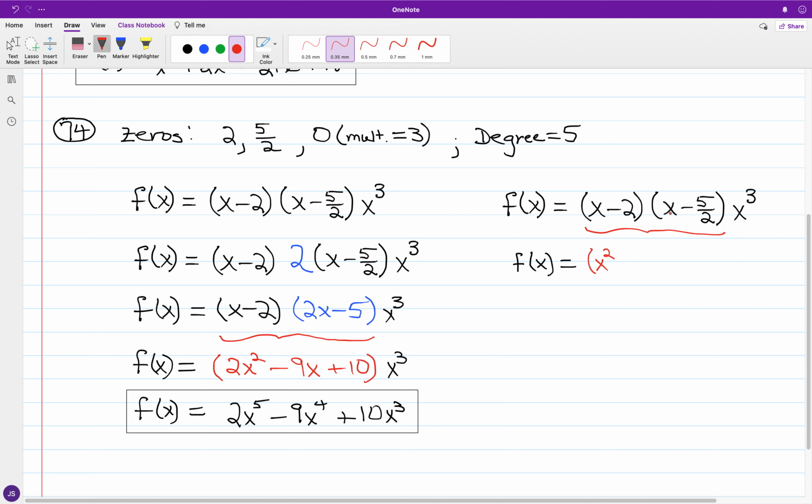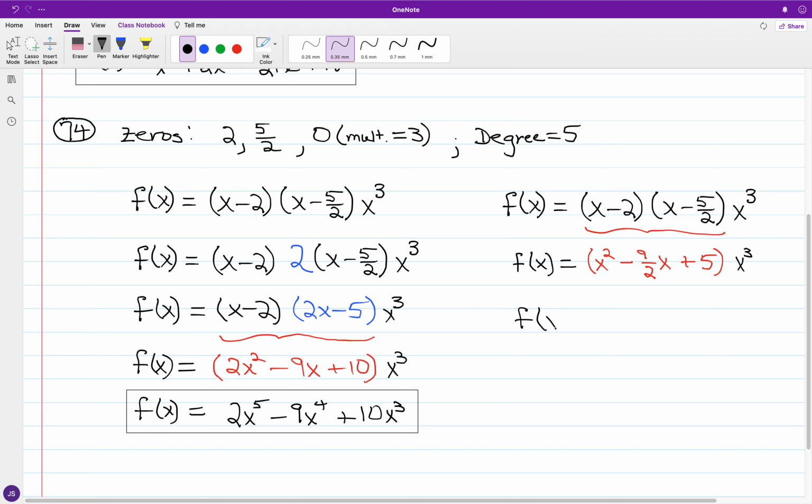Outside product is going to be negative 5 halves x. Inside product will be negative 2x. So I have negative 5 halves minus 4 halves from minus 2. So we have x squared minus 9 halves of x. And the last product, negative 2 times negative 5 halves, will be a positive 5. And once again, multiplied by x to the third.